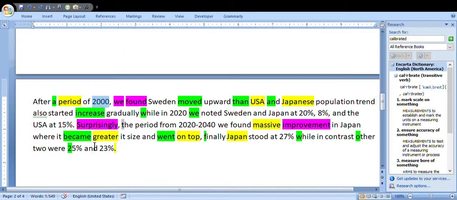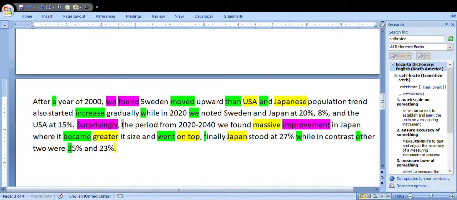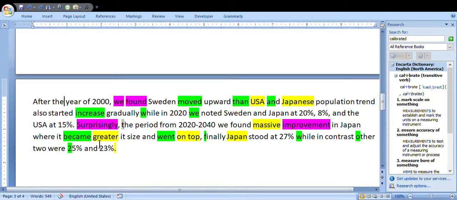Okay, so 2000, is that a period? No, it's not a period, it's a year. And it's not just any year, it's a specific year. And we don't need of then too. Okay, now here's this.